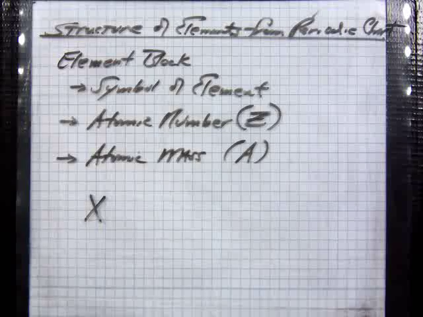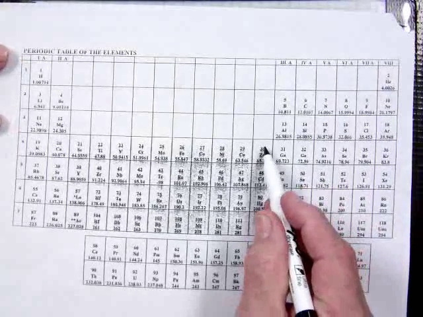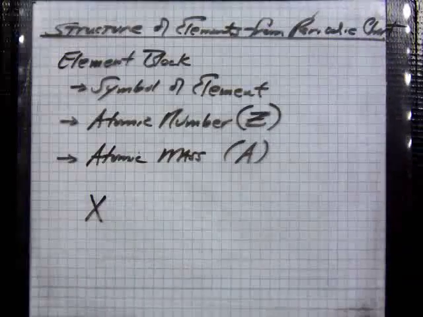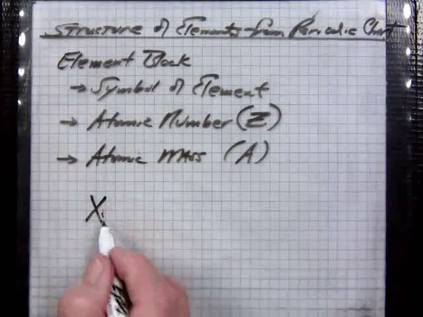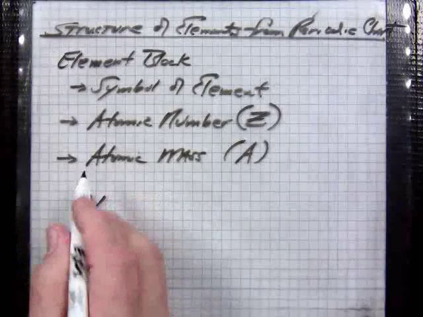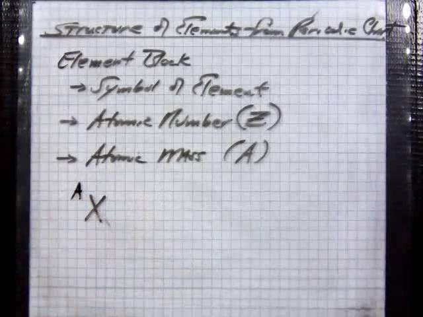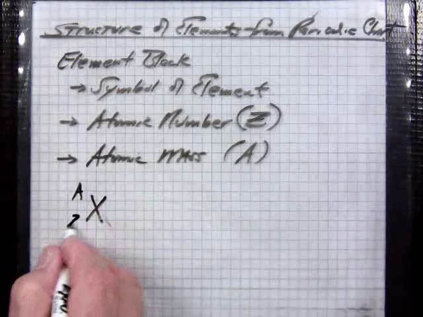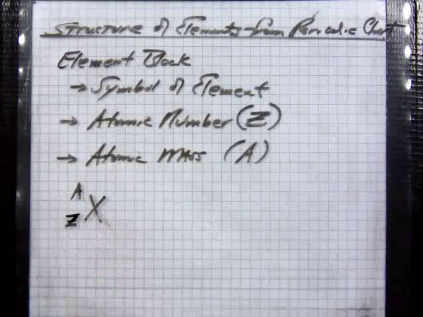Some put the atomic number below the element and the mass number above. It doesn't matter where it is. But the way we set it up in this symbology is that the atomic mass goes here as a superscript on the left, and the atomic number is a subscript on the left.